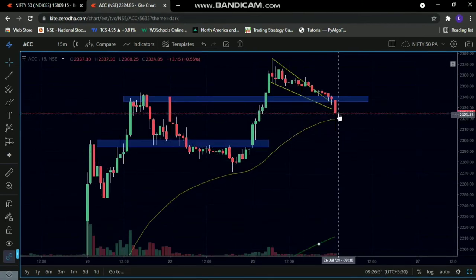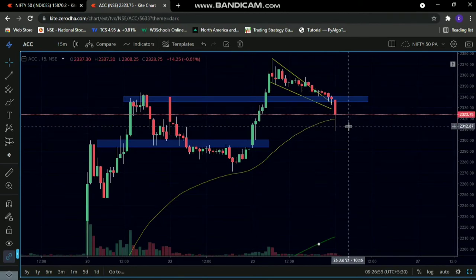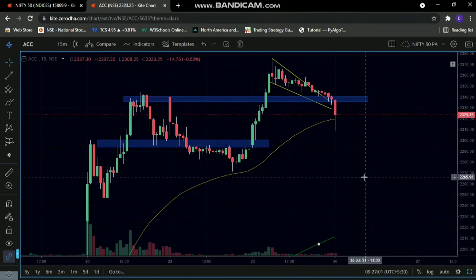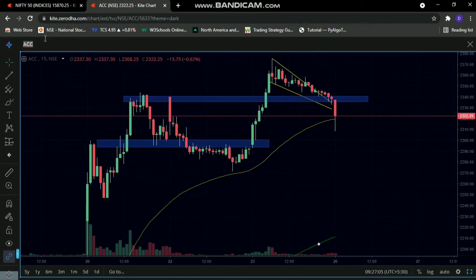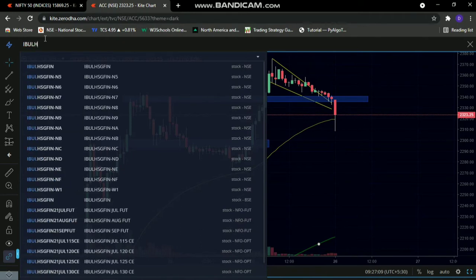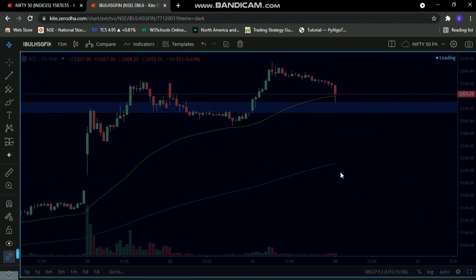The two are the demand zone. As the price was above the blue zones, it was a demand zone. But today there was selling pressure in the market, so it went down and it is near the 50 EMA. So two things can happen: either it will take support from the 50 EMA or it will break it. So we will trade according to it.